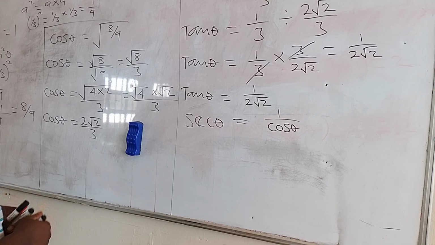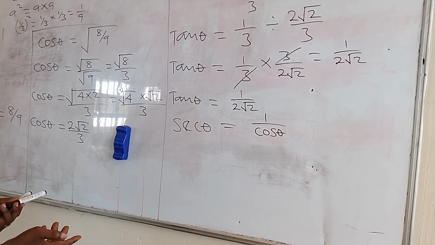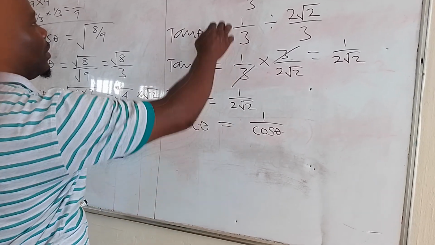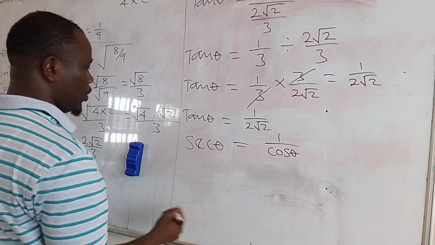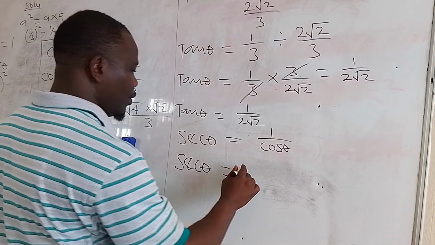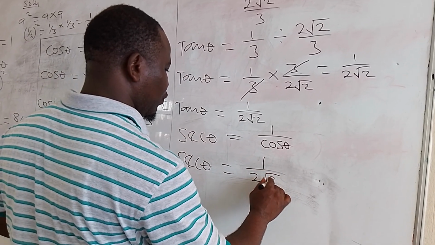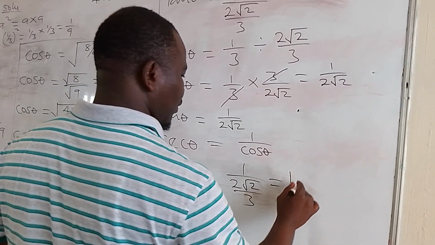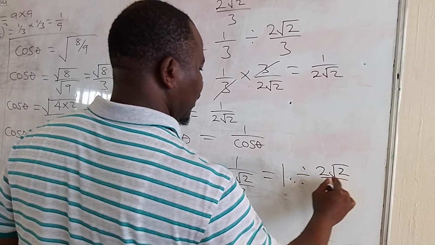You don't need to stress yourself. You know your cos theta is 2 root 2 all over 3. You just substitute. So our sec theta is equal to 1 all over 2 root 2 all over 3, which is the same thing as 1 divide 2 root 2 all over 3.